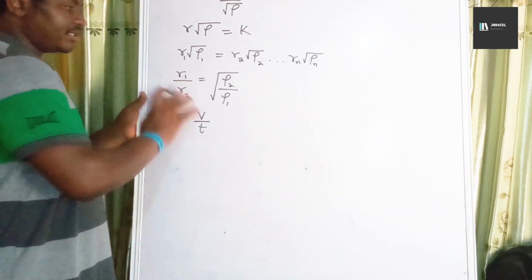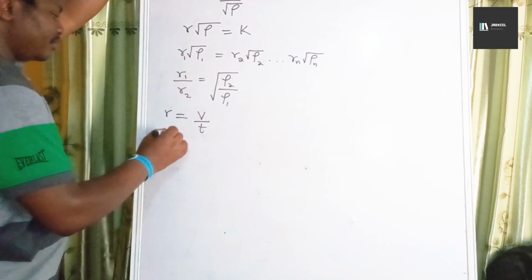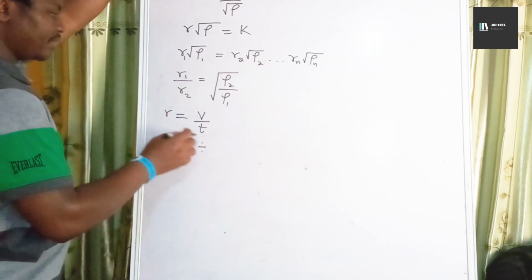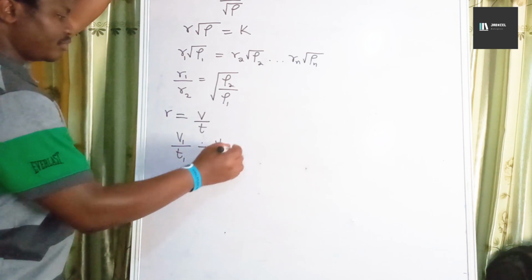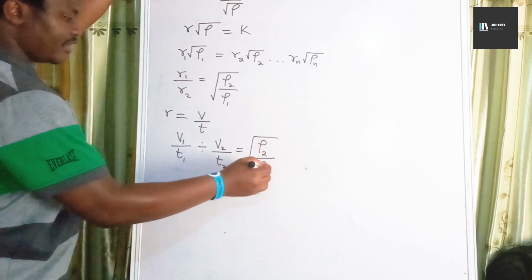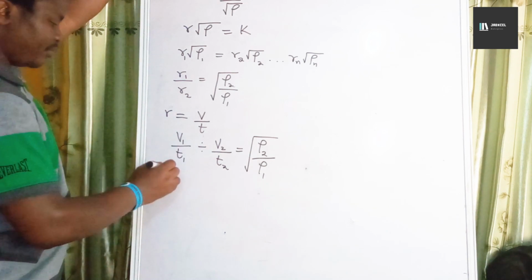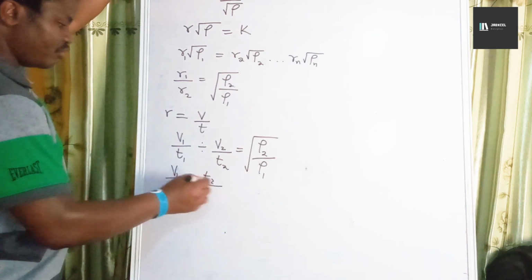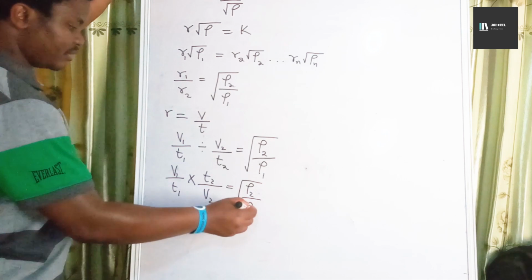So we can rewrite this equation in terms of volume and time: R1 will be V1 over T1, divided by R2, which is V2 over T2, equals the square root of the density of the second gas over the density of the first gas. Then mathematically, if we remove this division sign, we have V1 over T1 times T2 over V2 equals square root of density 2 over density 1.